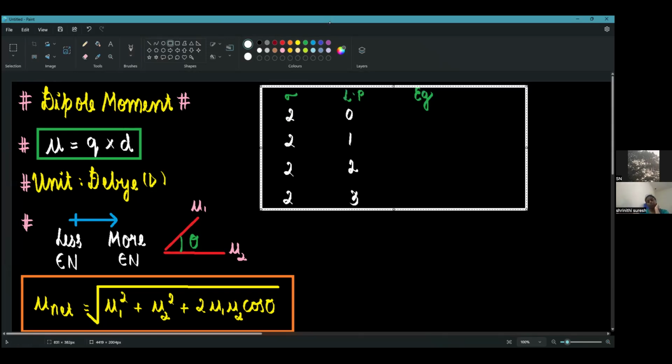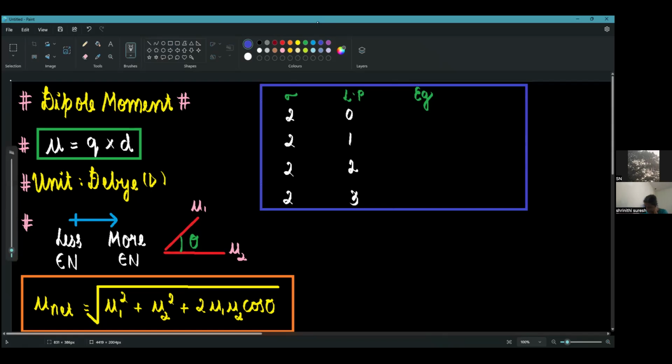BeCl2. Perfect. It is BeCl2. Can you give me one more example from that table? You can take BeCl2, you can take CO2 also. Okay. Then can you give an example of 2 1?